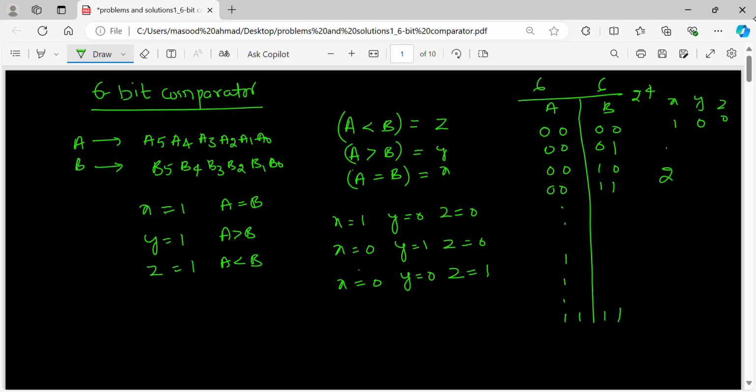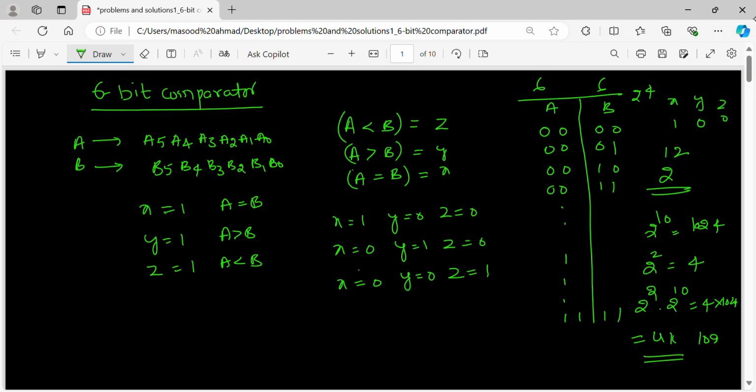So I need to write 2 power 12 combinations. 2 power 10 is 1024. 2 power 12 is 2 power 2 multiplied by 2 power 10, which is 4 times 1024. In general we call it 4K, since 1024 is known as 1K in digital electronics. So this is a very difficult task.